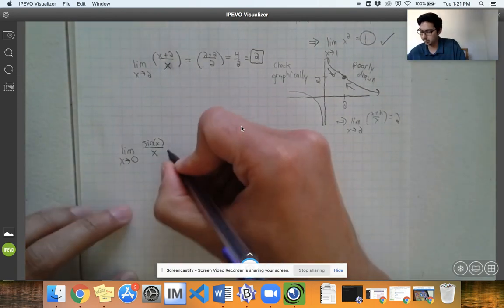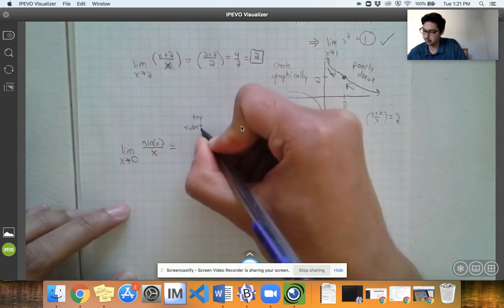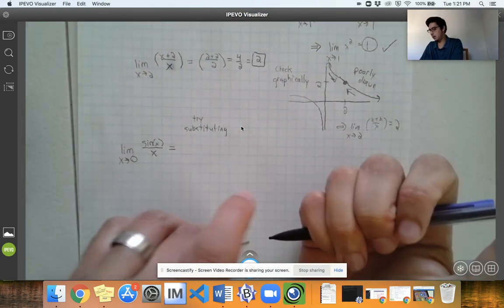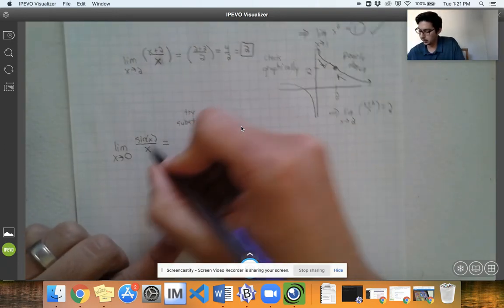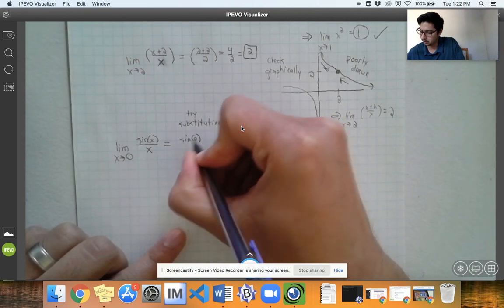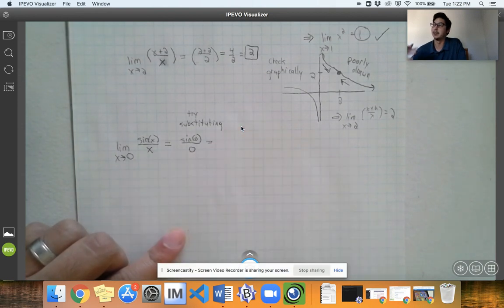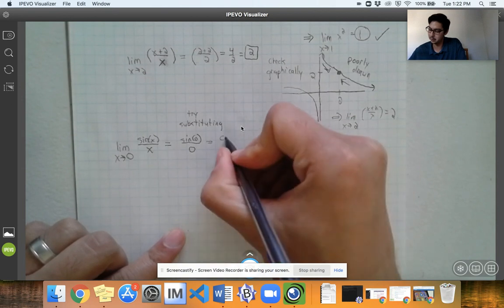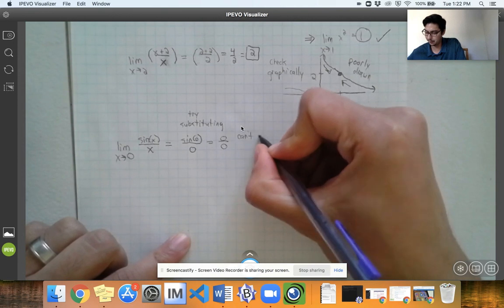If we try to just evaluate by plugging it in or substituting, you're going to get sine of 0 over 0. Sine of 0, I'm talking about the y, the vertical distance, at 0 on a unit circle, which is on the far right, so that's 0. And we get 0 over 0, which we can't do because we can't divide by 0.